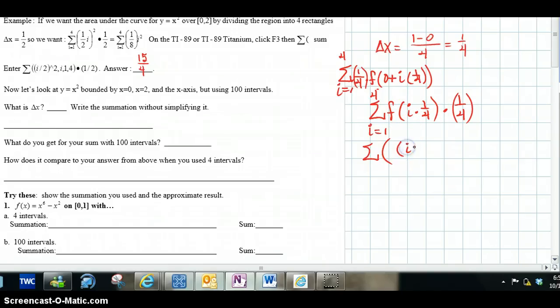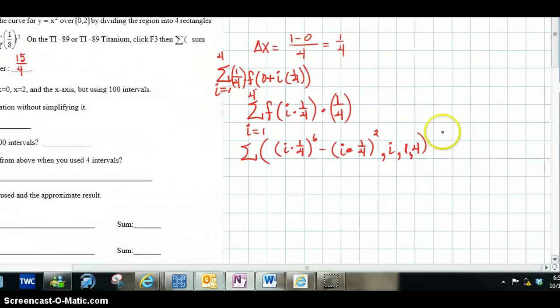So it's going to be i times 1/4 to the 6th minus i times 1/4 to the 2nd, comma, i is our variable, comma, we're going to start at 1, comma, to 4, end the parenthesis, and then we're going to multiply that by the width of each rectangle, which is 1/4. So the end parenthesis here is the end of that summation formula.